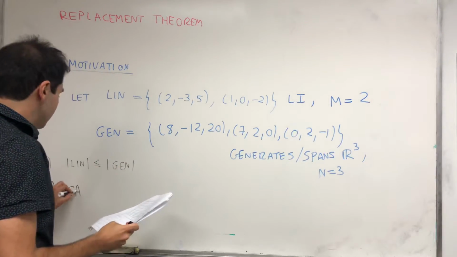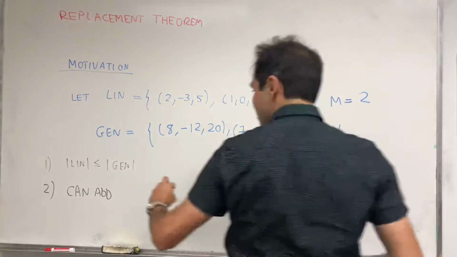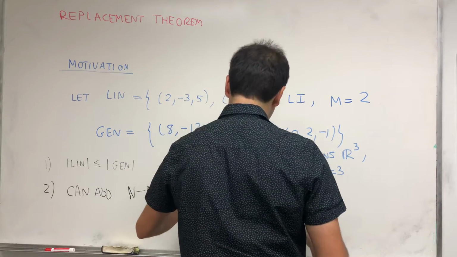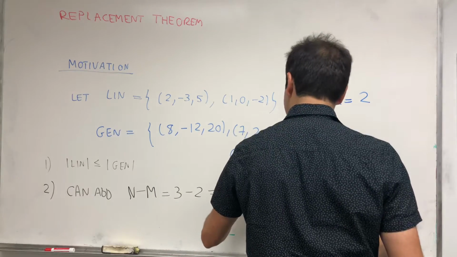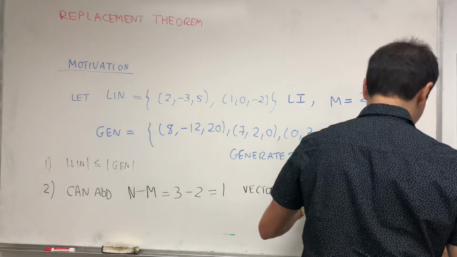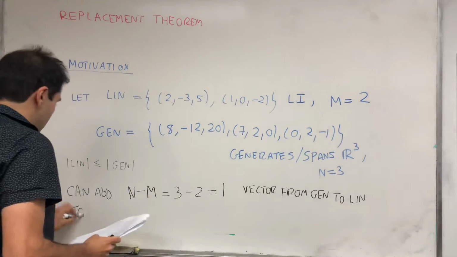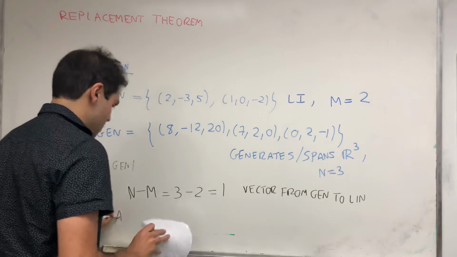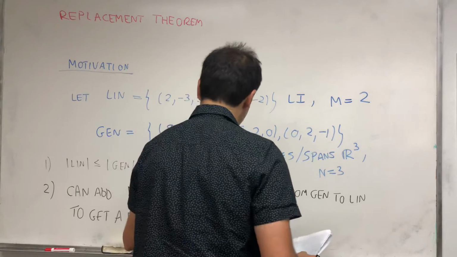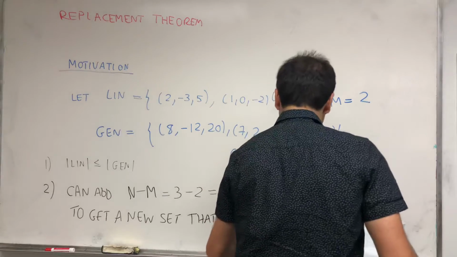So it's sort of a way to extend a linearly independent set to get a new spanning set. And so what this says is we can add precisely the difference, n minus m, which is 3 minus 2, which is 1 element, I guess vector, from gen to lin to get a new set that also spans R3.